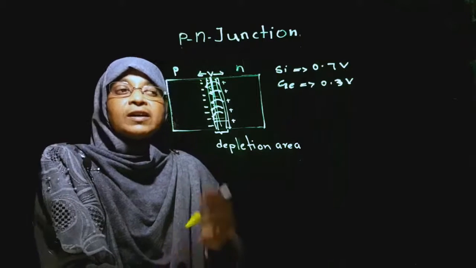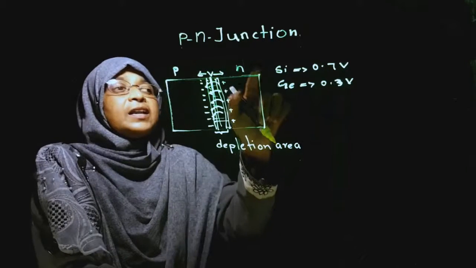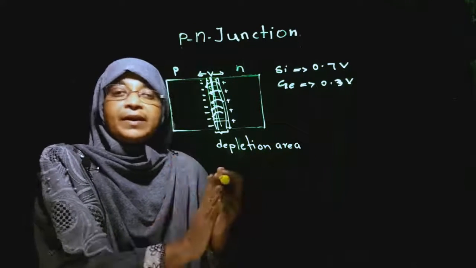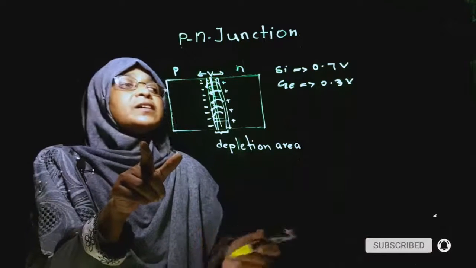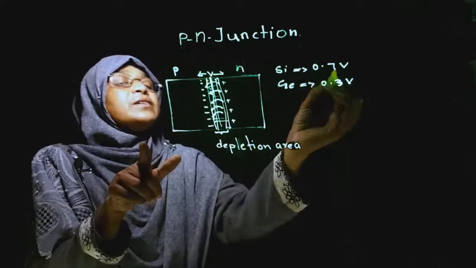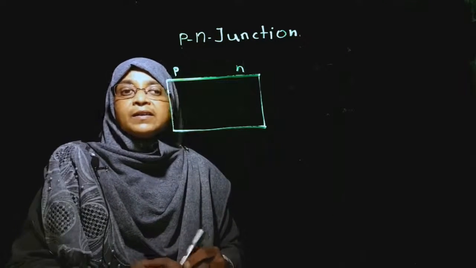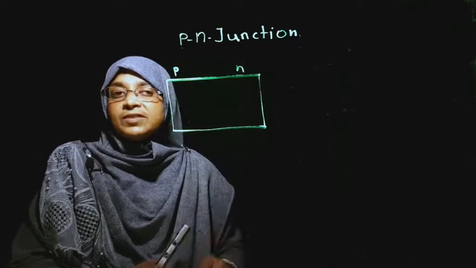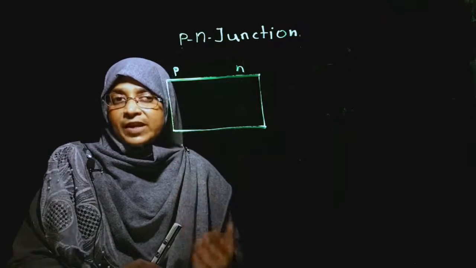To flow current through this barrier in a silicon lattice, we have to supply an external voltage greater than 0.7. Now let us see what happens when a battery is connected to this p-n junction. This battery can be connected in two ways.